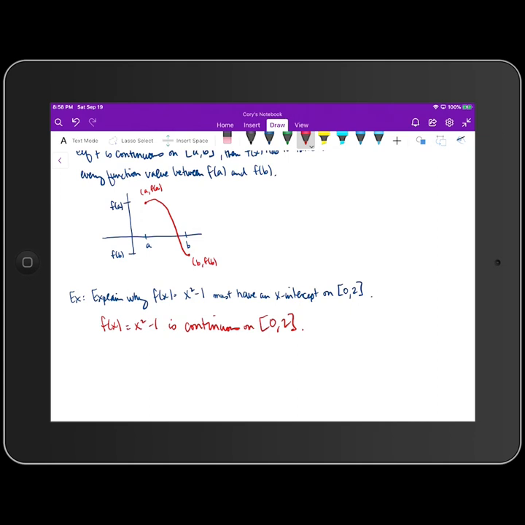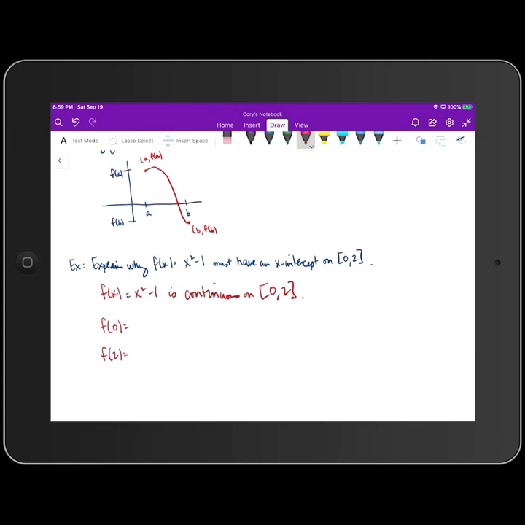It's continuous everywhere. What we want to do next is test f's value at the two endpoints, f of 0 and f of 2. So when I plug 0 into that function, we get an output of -1. And when I plug 2 into the function, 2 squared is 4, minus 1 is 3.